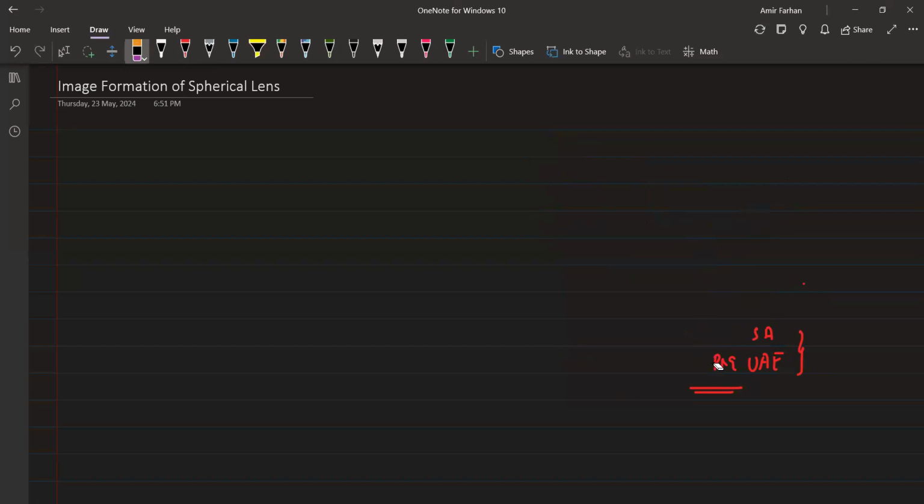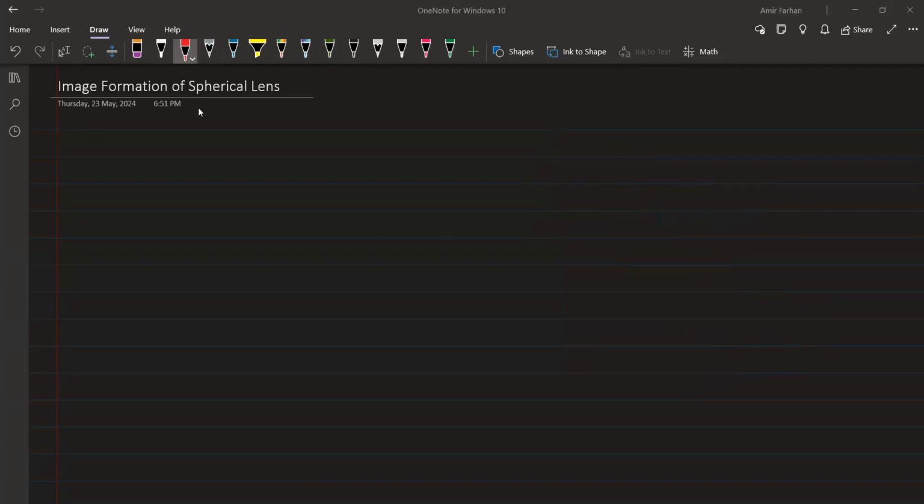So let's start the class on this topic without any delay. I will try to complete this convex lens first in this class itself. First of all, let's do the basics of this chapter.